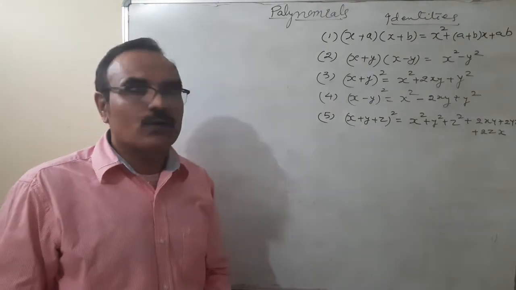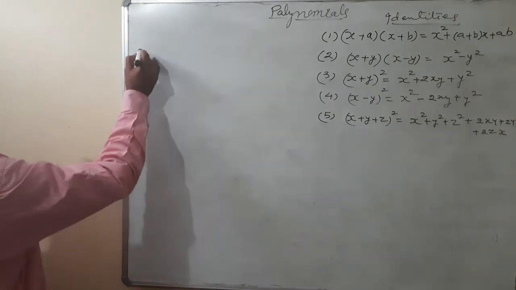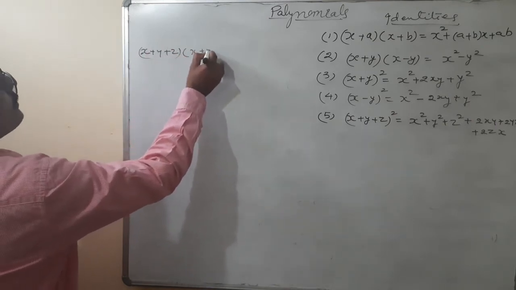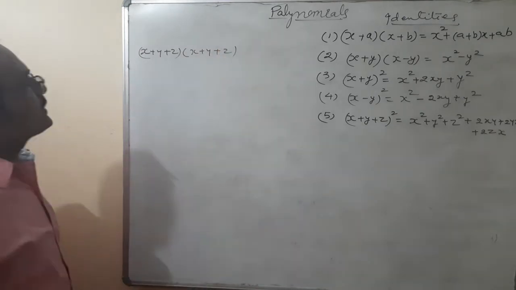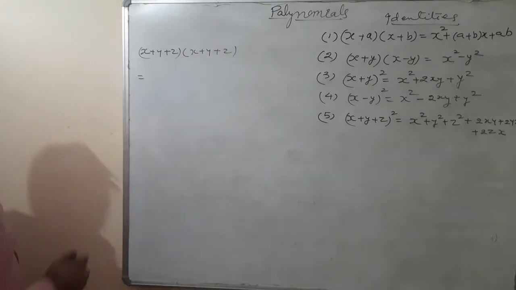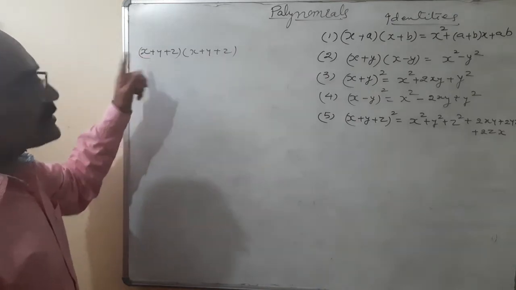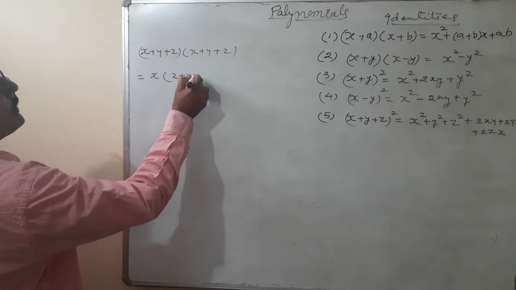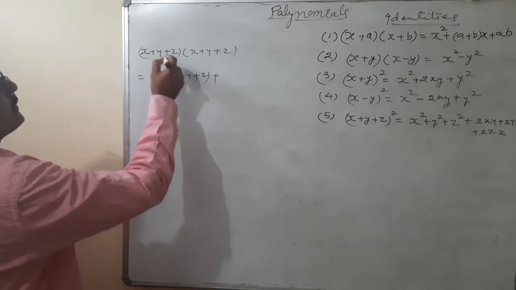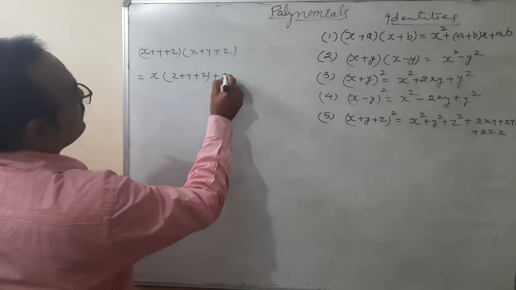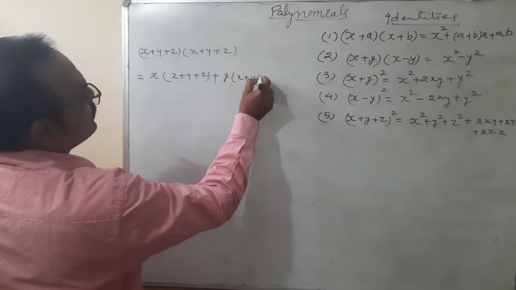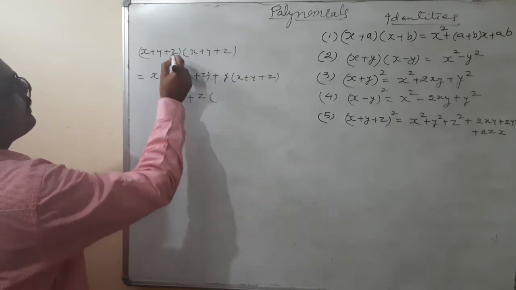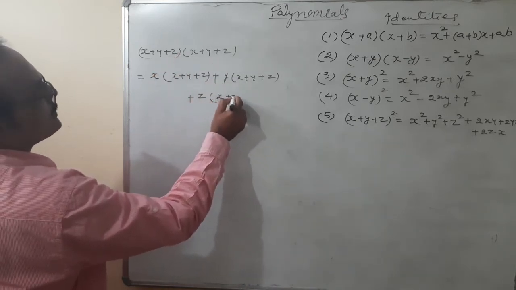Again, (x plus y plus z) whole square. That means (x plus y plus z) whole square, a multiplication of 2 brackets. So when I multiply 2 brackets, the first term of the first bracket is multiplied by (x plus y plus z), plus the second term of the first bracket multiplied by (x plus y plus z), plus the third term z multiplied by (x plus y plus z).